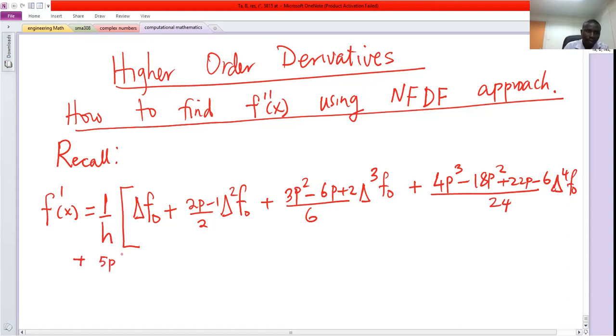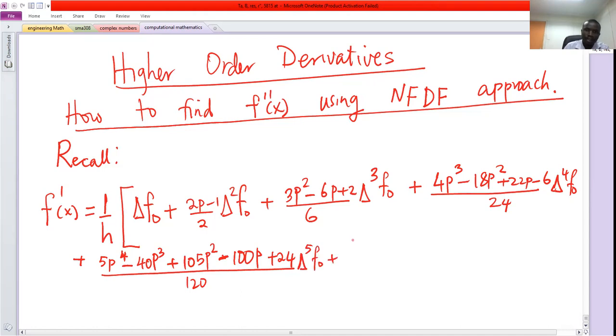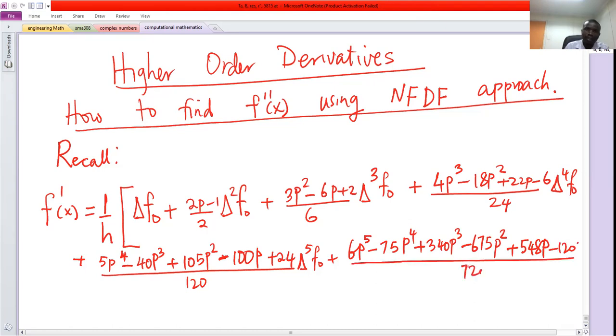plus (5p to the power 4 minus 40p cubed plus 105p squared minus 100p plus 24) divided by 120 fifth forward of f naught plus (6p to the power 5 minus 775p to the power 4 plus 340p cubed minus 675p squared plus 548p minus 120) divided by 720, and this is multiplied by the sixth forward of f naught plus other several terms.